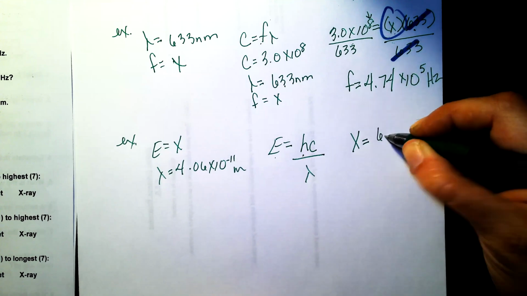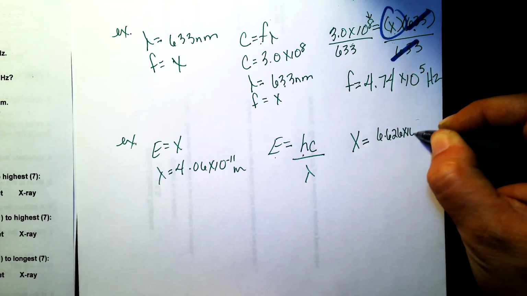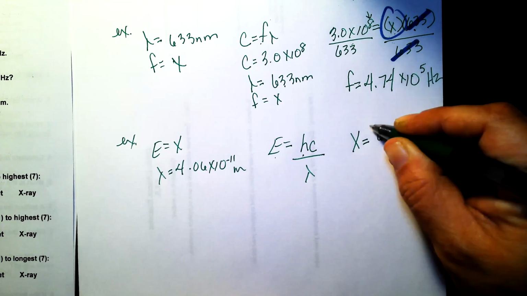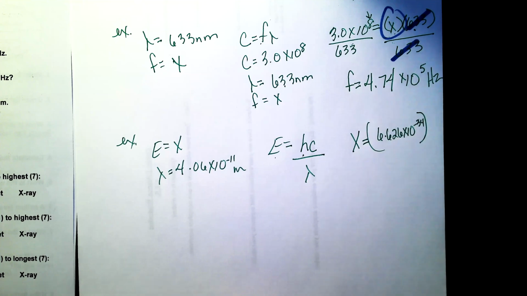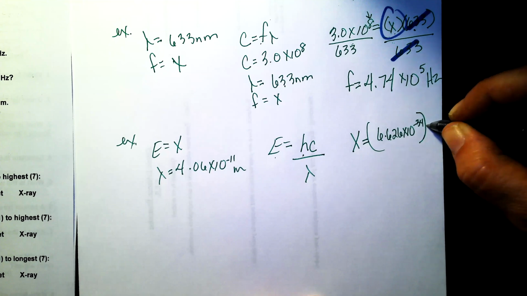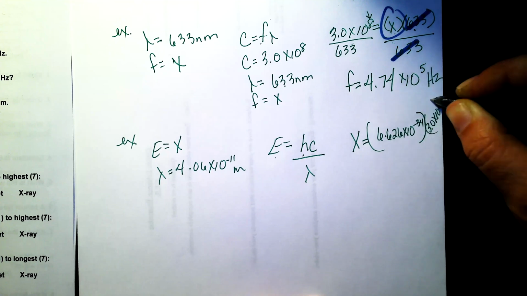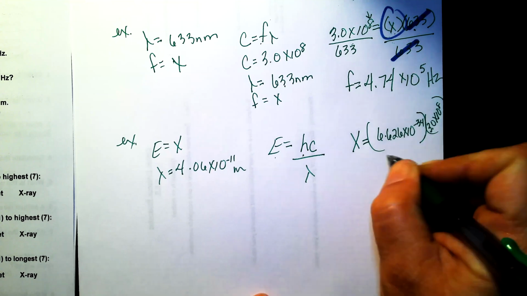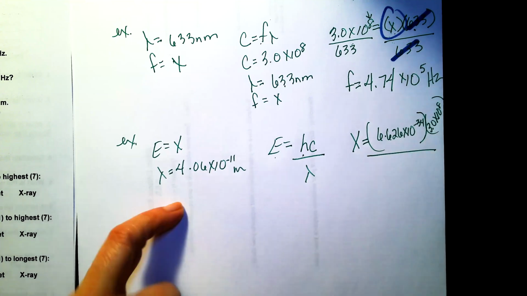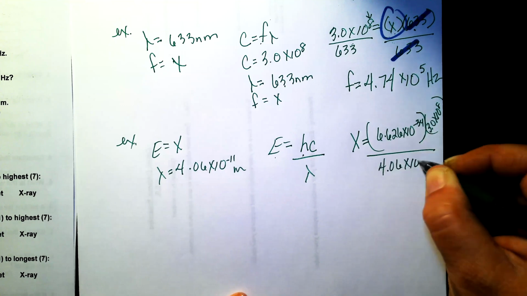It will be given to you. 6.626 times 10 to the negative 34 times, I'm running out of space here, the speed of light, 3.0 times 10 to the 8th, divided by wavelength, 4.06 times 10 to the negative 11.